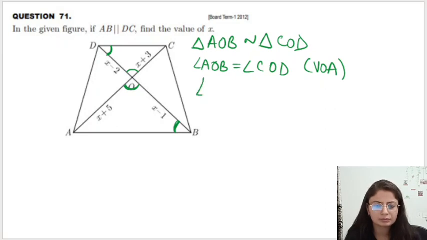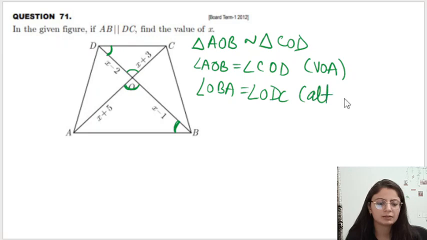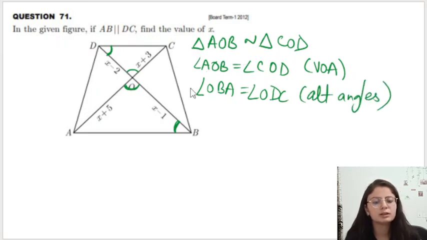Also, angle OBA is equal to angle ODC, alternate angles. Okay, so this means that these two triangles are similar. Fine. So using similarity of these two triangles, we can say that their corresponding sides are in proportion, right?